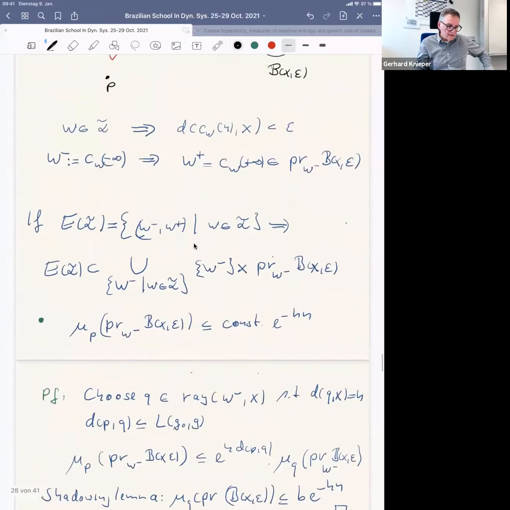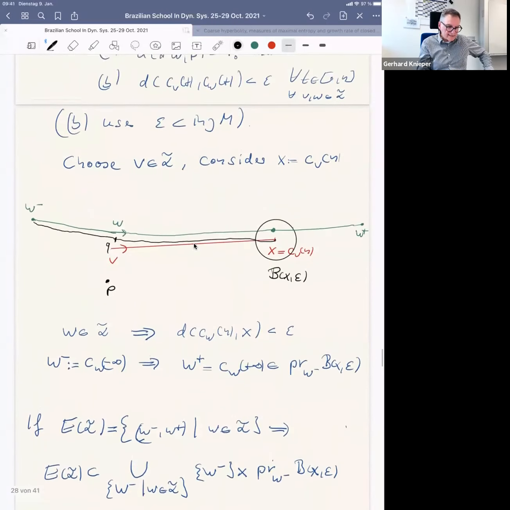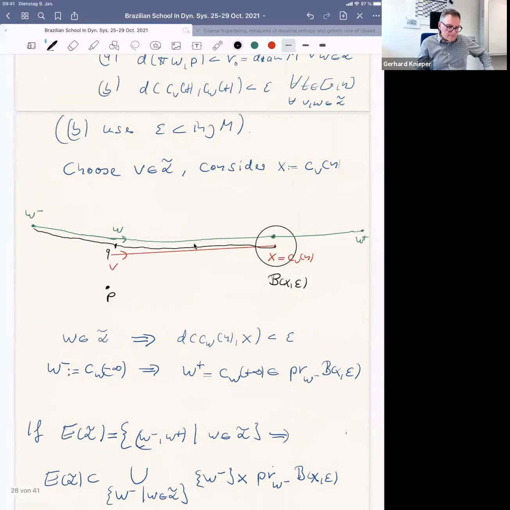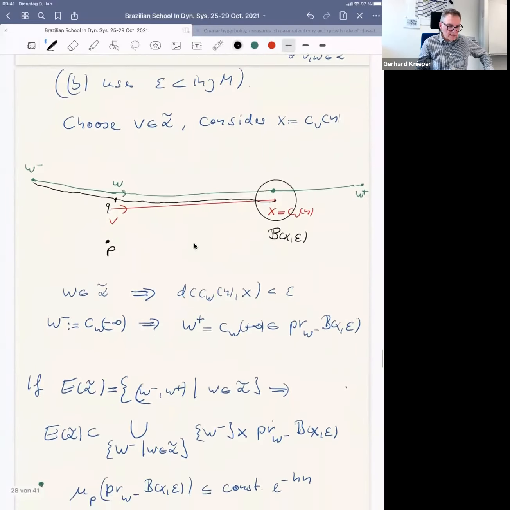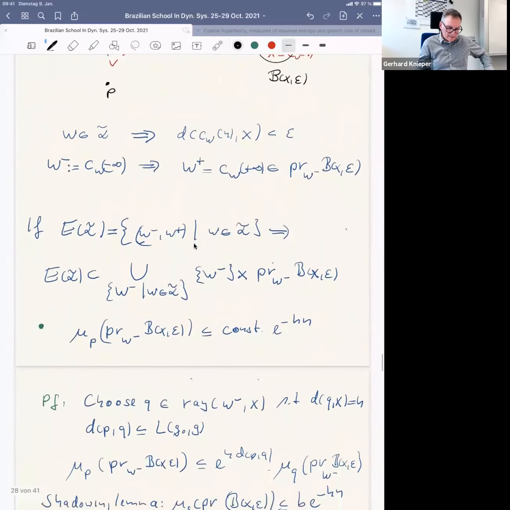Now you have here Q and X. But now I'm basically in the setting of the shattering lemma, because I have a geodesic ray connecting V minus, W minus and X. For this kind of situation, if I have a point in between, I can use the shattering lemma.